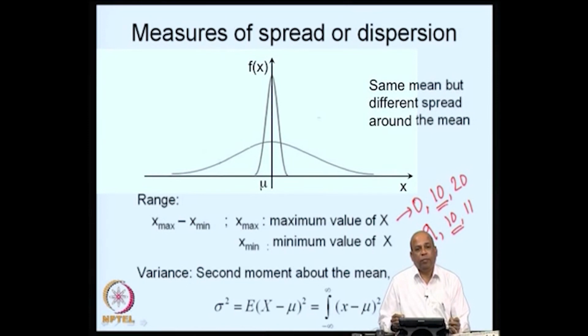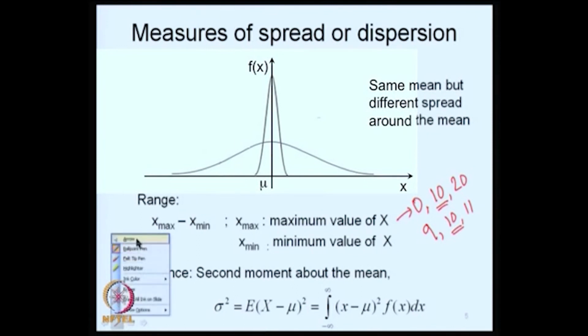which is based on the second moment about the mean. So, sigma square, which is the variance, is defined as the expected value of x minus mu the whole square, and recall that the expected value of a function is given by the integral of that function multiplied by f of x dx.